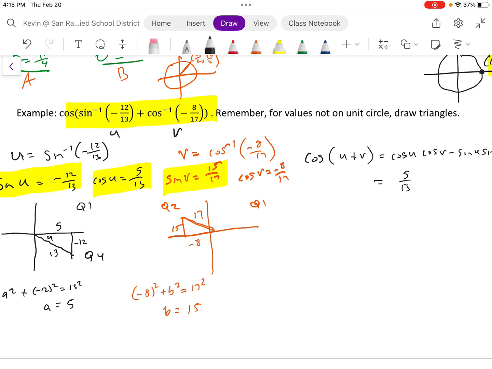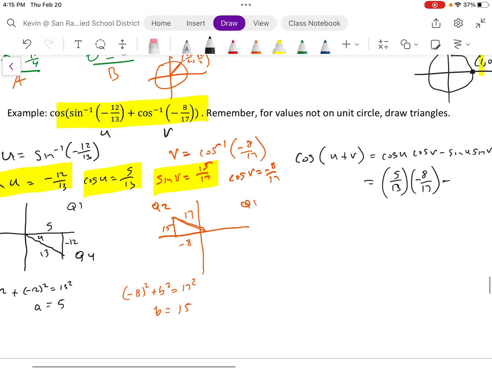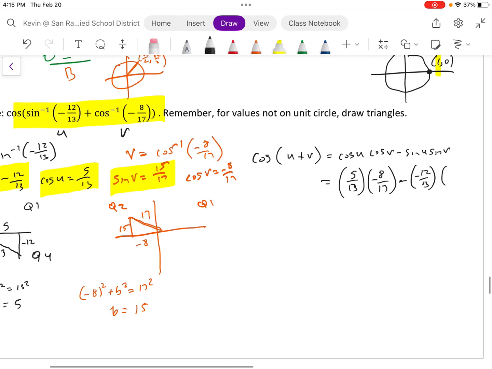Cosine of U, 5/13. Cosine of V, negative 8/17, minus sine of U, which is negative 12/13, and sine of V, which is 15/17.